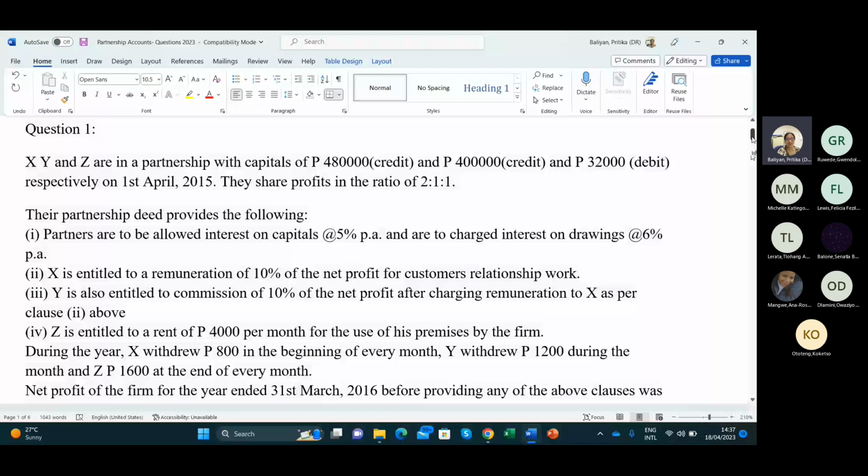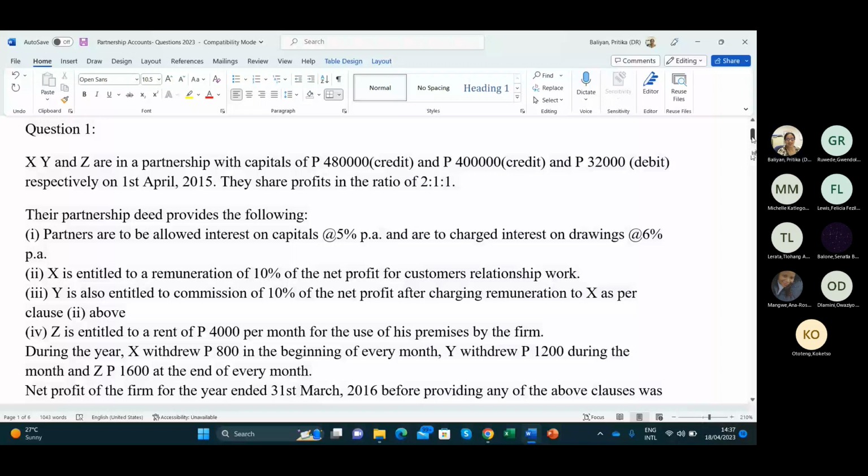If it is not recorded before, it has to be deducted first from the net profit of the year and then it has to be stated in the income statement. But here the sentence is saying Z is entitled to a rent of 4,000 pula per month for the use of his premises by the firm.